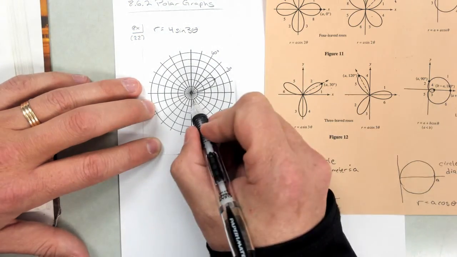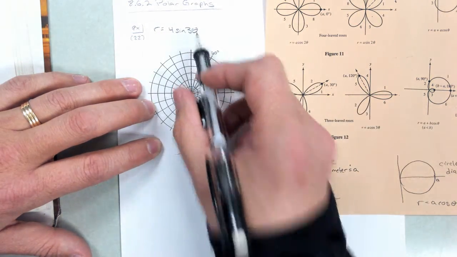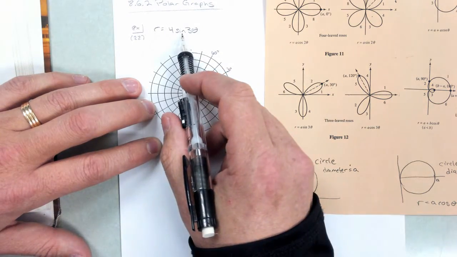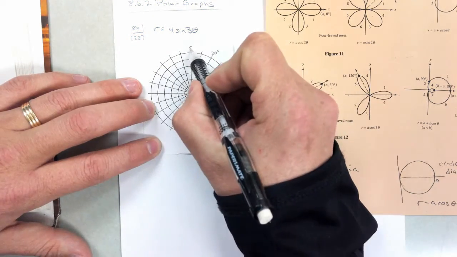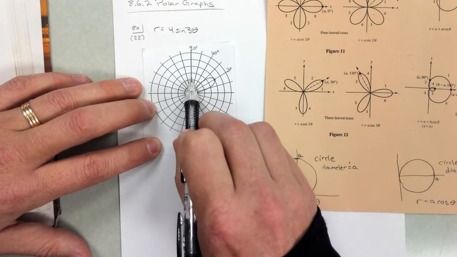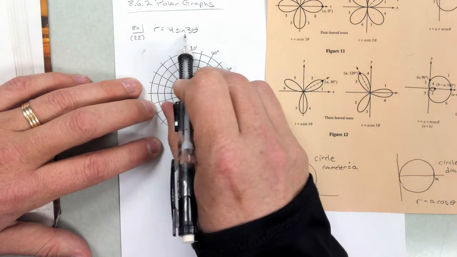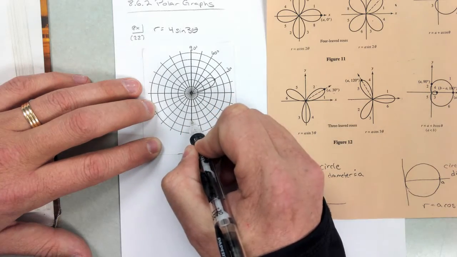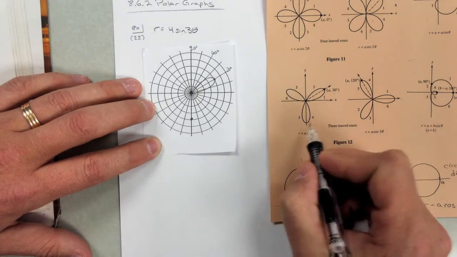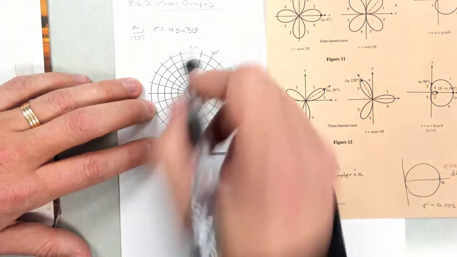Okay? Then we know that at 90, 3 90s is 270. Sine of 270 is -1. And so when we're facing 90 degrees, so we're here facing up, we actually go 4 times -1 or -4, which is backwards. 1, 2, 3, 4. So we get to the bottom of our graph at 90 degrees, actually.